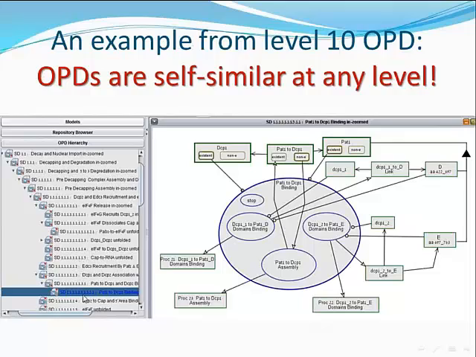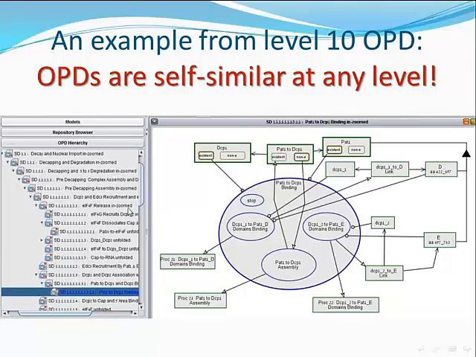Like I said, there are many levels of nesting. This is one of the deepest, level 10. You can see 1.1.1, 10 times deep, but still all you can see here are objects with states and processes, just as we saw at the top level and at the level below it, which means that regardless of the level of detail, we still talk in terms of objects and processes.